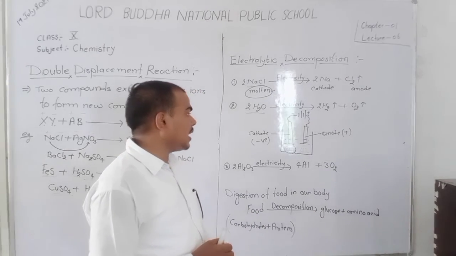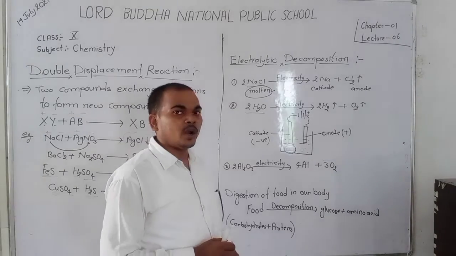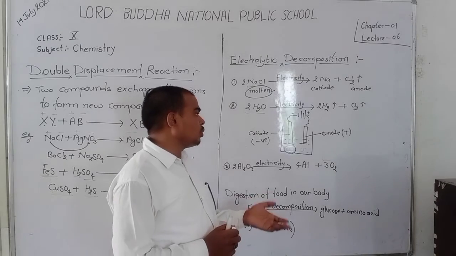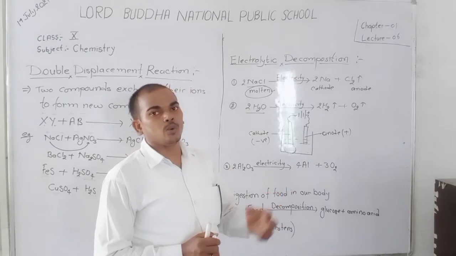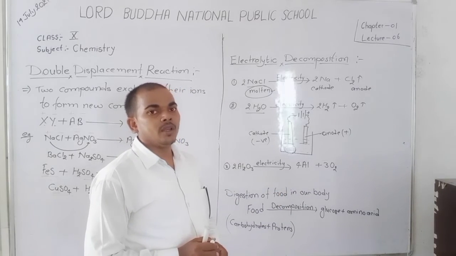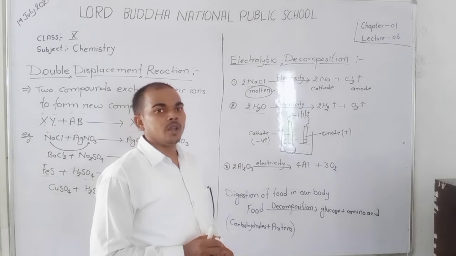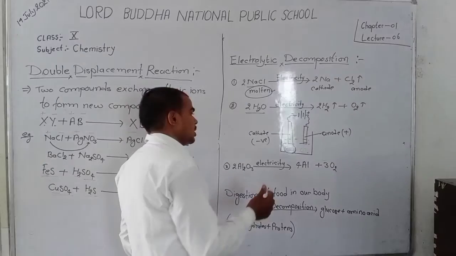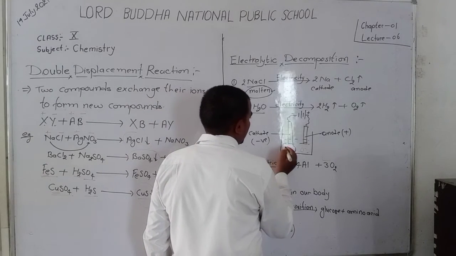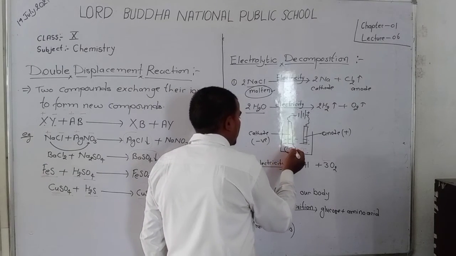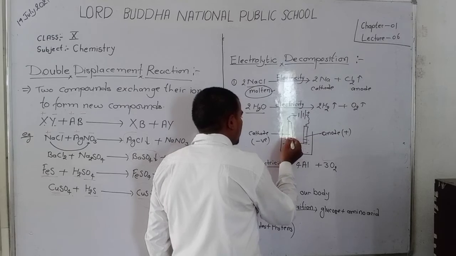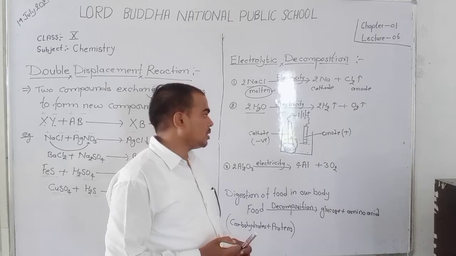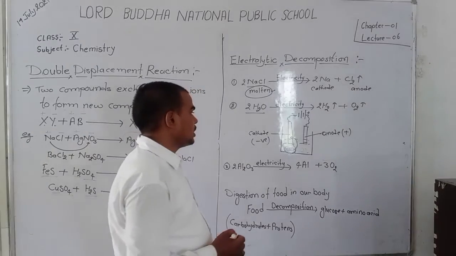Therefore, hydrogen wants to take electrons. Then hydrogen moves toward the electrode which is electron rich. Here, you know that the cathode is the electron-rich terminal, so H plus moves toward the cathode.